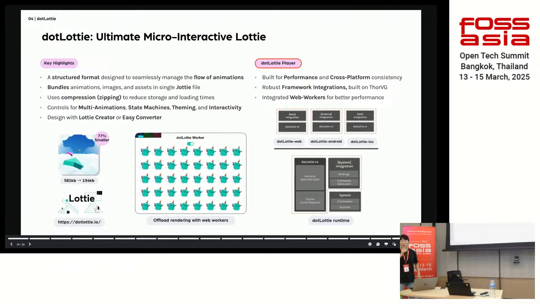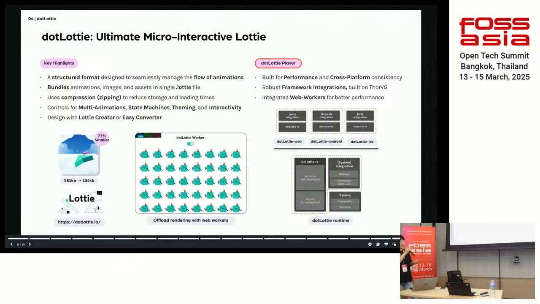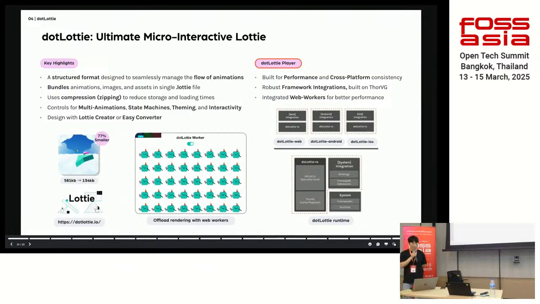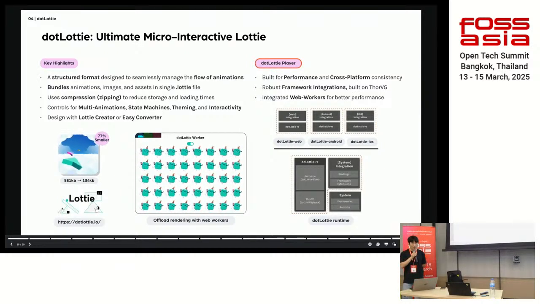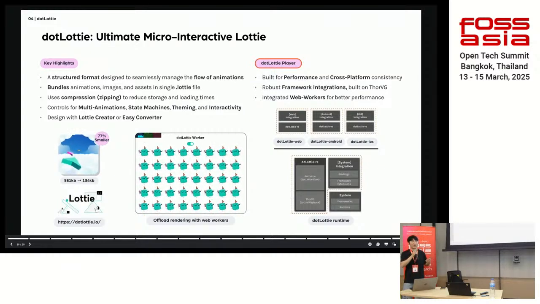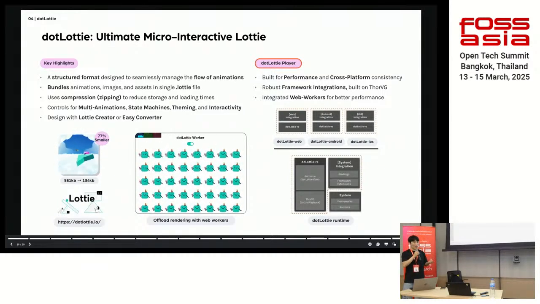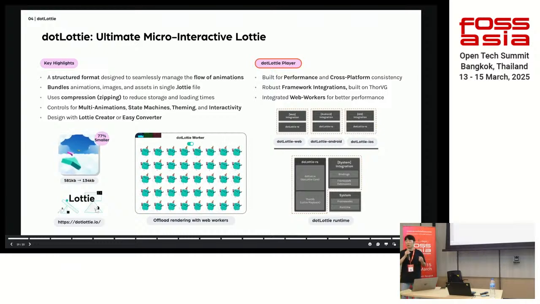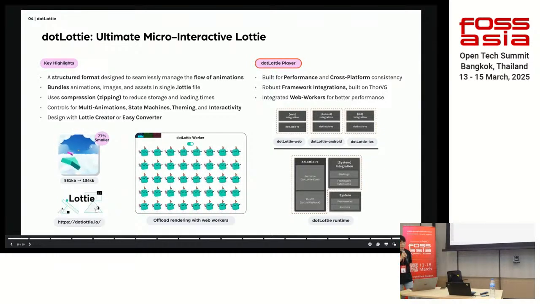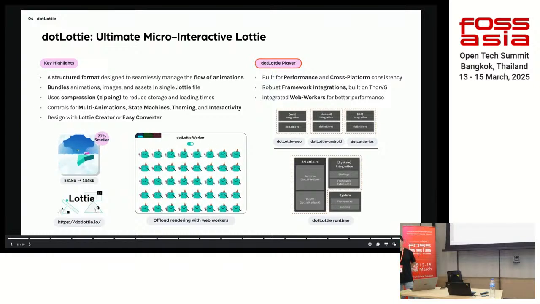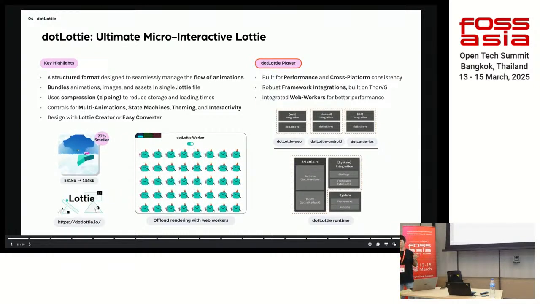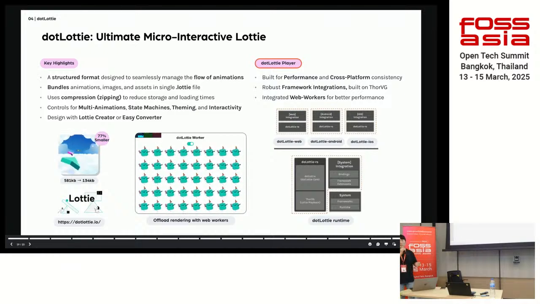To use the dotLottie format in our applications, we can leverage the dotLottie player, which provides various platform integrations through dedicated packages such as dotLottie Android, dotLottie iOS, and dotLottie Web. And since the dotLottie player is built on the Thorvg engine, it of course guarantees consistent rendering quality across all supported platforms.